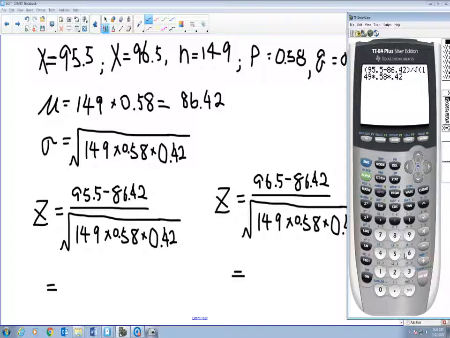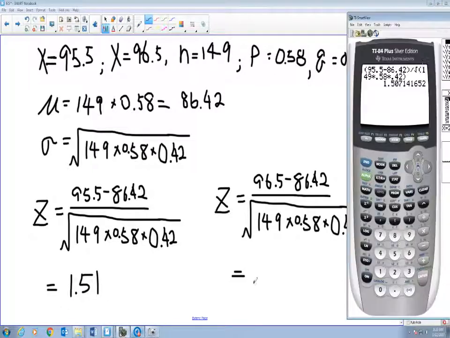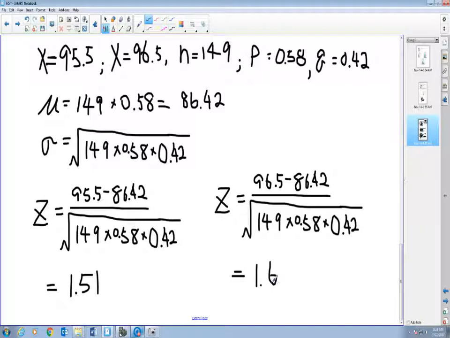The reason I'm typing it this way is so in a minute I can just copy what I just typed. That gives 1.51. Alright, check it out, that's the z-score. Now for the second entry, I reprint what I typed earlier and all I have to do is change the 95.5 to 96.5. Now it gives me 1.67 for the z-score.